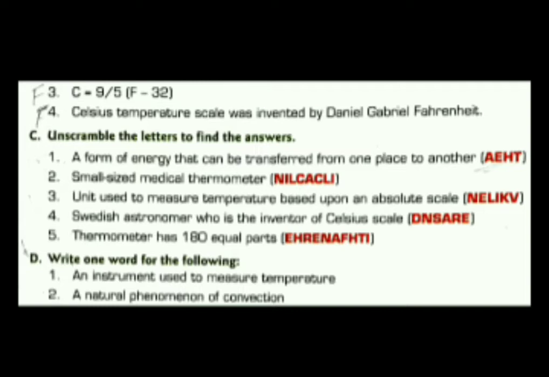As you can see, in section C, unscramble the letters to find the answer. The letters are given in brackets as a hint, and you have to arrange them to make the answer.